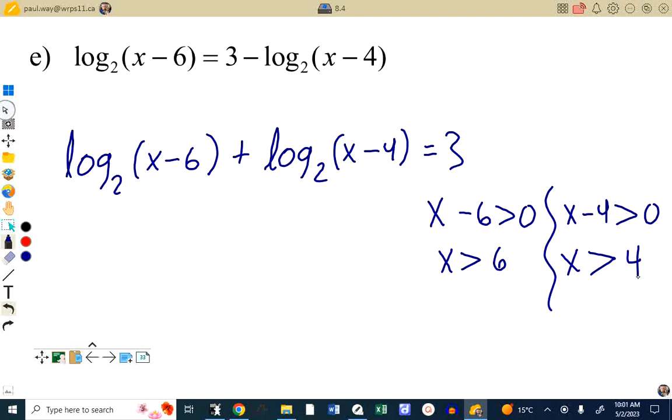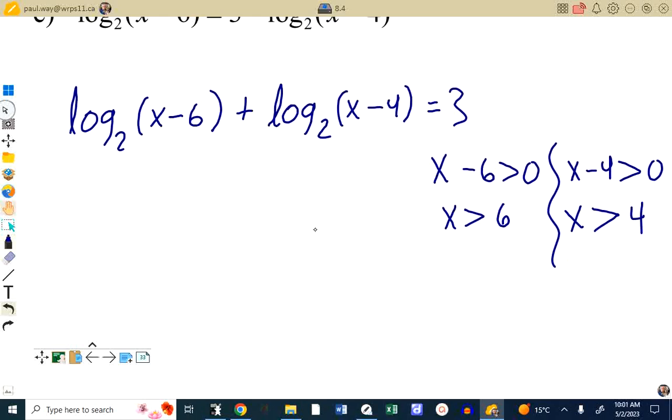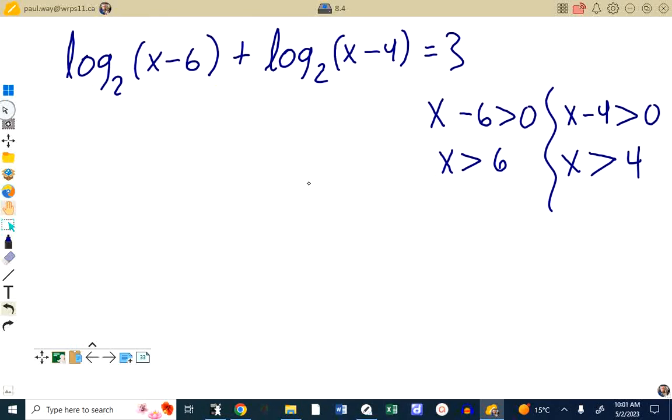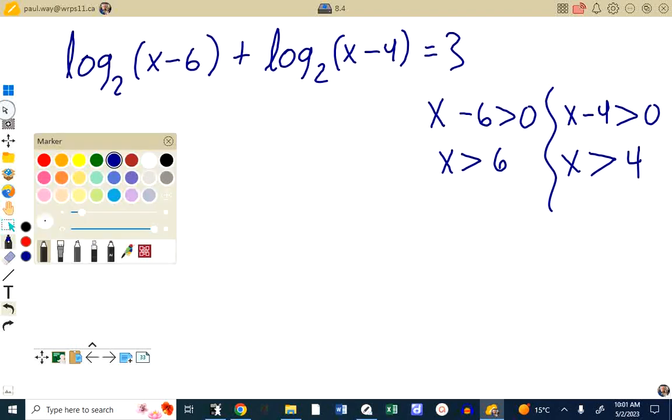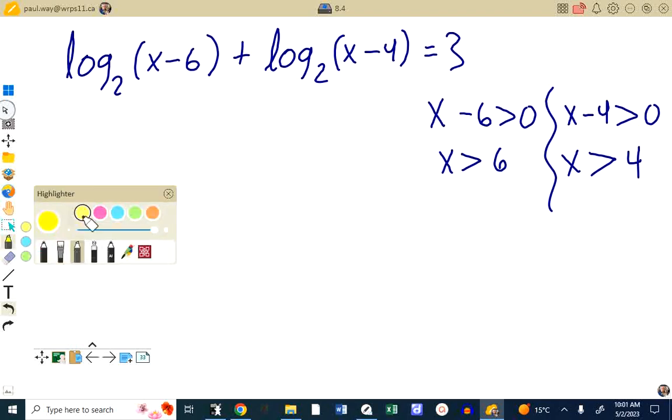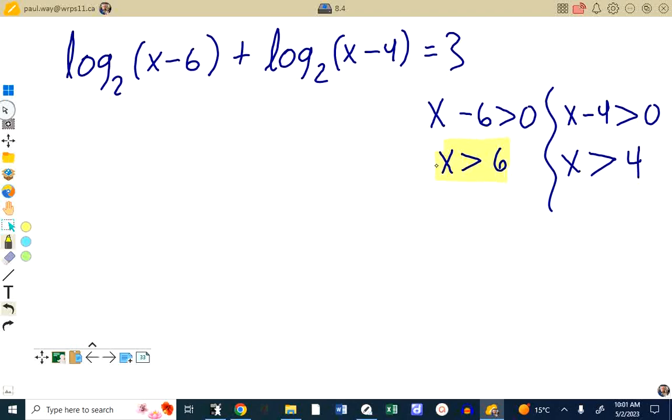I think one of the most effective ways to communicate the answer for the restrictions is to do a number line. And I'll tell you, I had to do a number line in my head to convince myself that that's going to be the restriction.